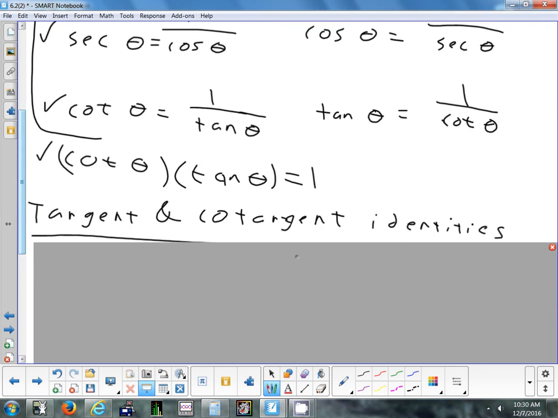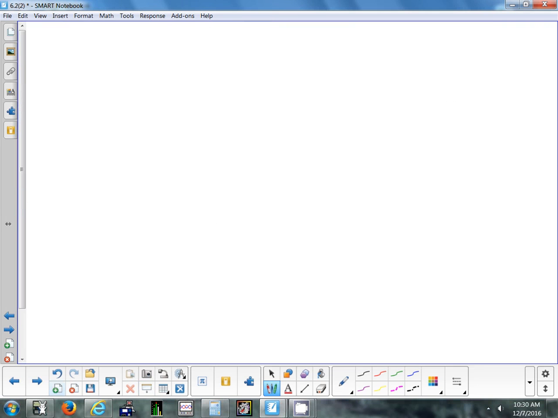The next 2 identities, I think we should already be able to reason them out based on what we've done. They're called the tangent and cotangent identities. For the tangent and cotangent identities, let's go like this.